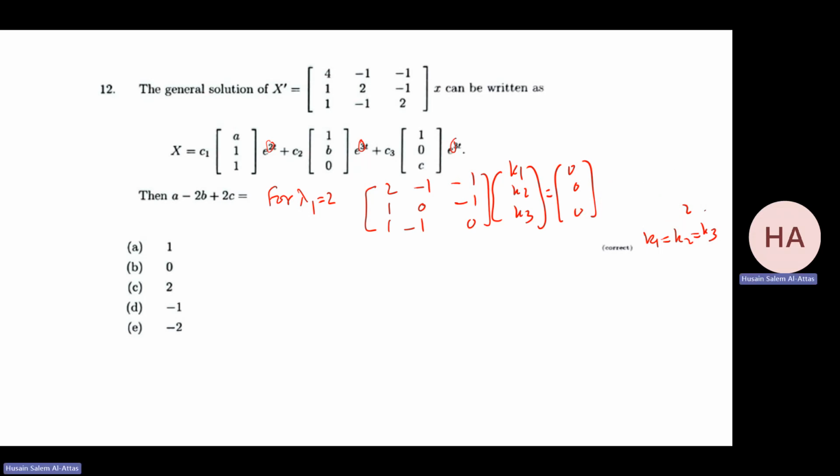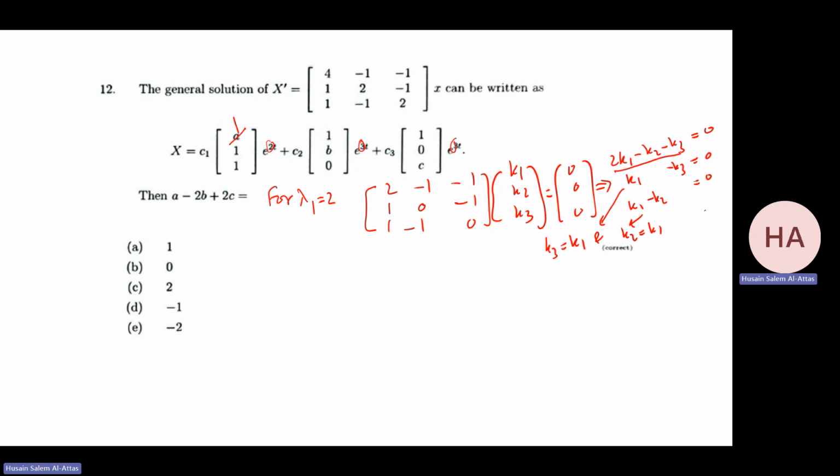Let me do it in detail. I have K1 minus K3 equals 0 and K1 minus K2 equals 0. So K3 equals K1 and K2 equals K1.